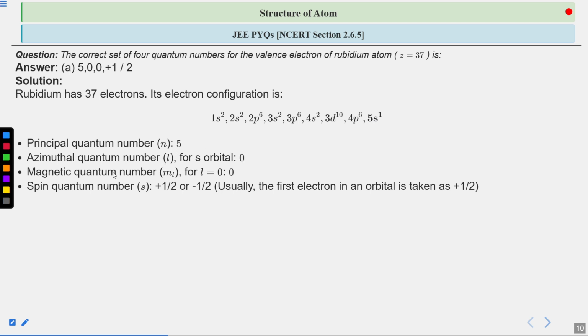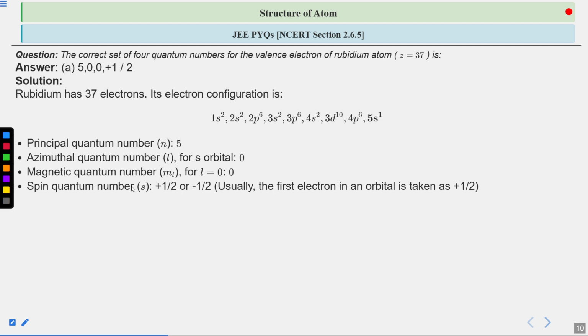The magnetic quantum number, represented by m subscript L, for L equals 0 is 0, because the magnetic quantum number depends on the azimuthal quantum number, from minus L to plus L. But if the L value is 0, then m_L will be 0, because plus 0 minus 0 doesn't make sense.